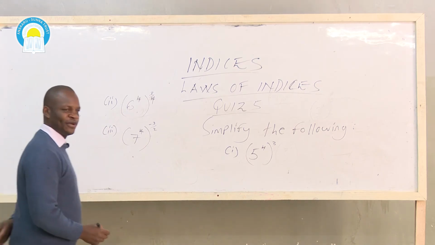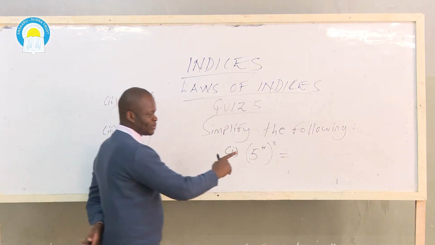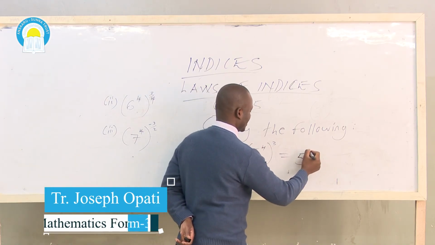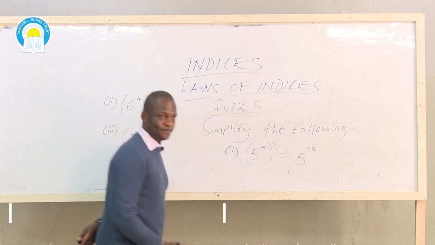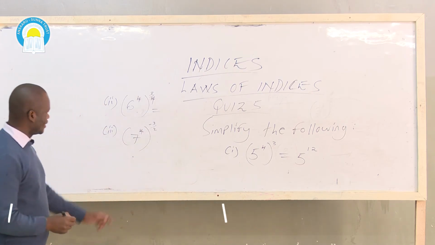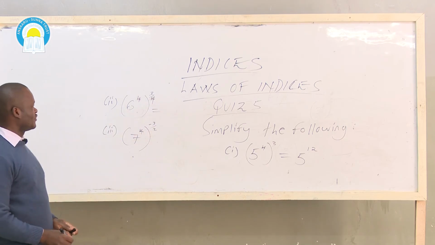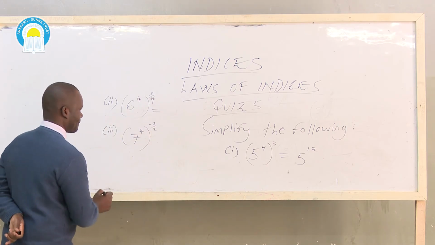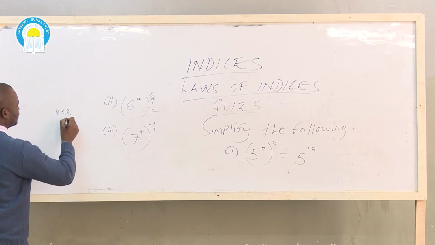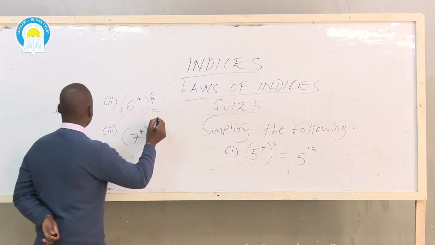So, based on that law number 5, what will be the outcome here? We are saying you multiply 4 and 3 to give you the final answer as 5 power 12. What about what we have here? You take the 4 times 3 over 4, let me do it from here. So 4 times 3 over 4. Those are common factors. We have 3 left.